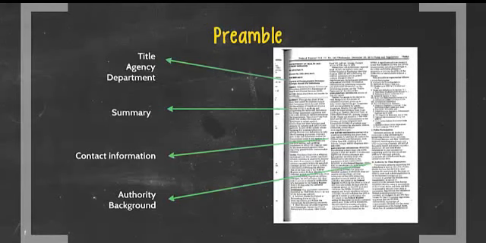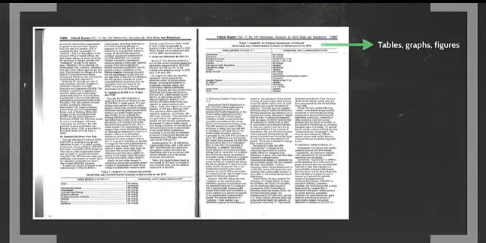Sometimes there will be a table of contents in outline form. You have the authority and the background, the legislation that says, yes, this agency has authority to make a rule such as this. Some will include some kind of visual aid to convey useful information like tables, graphs, or figures.